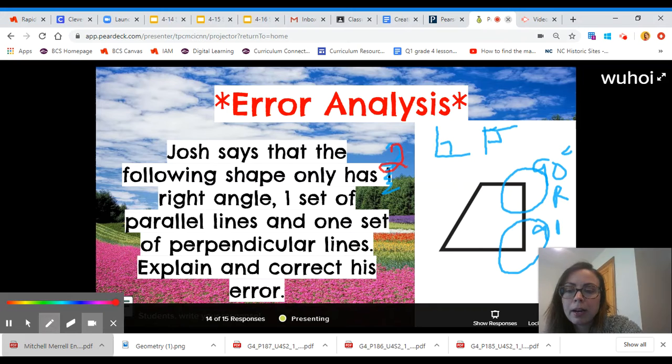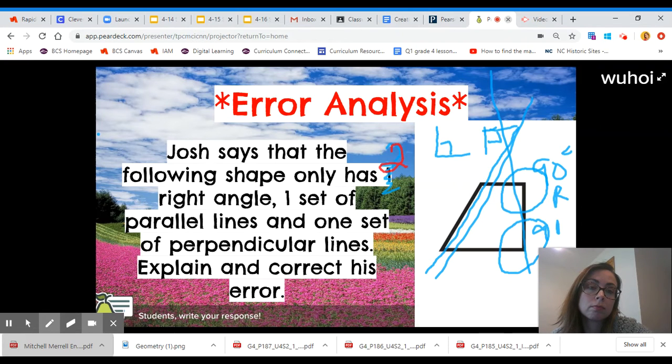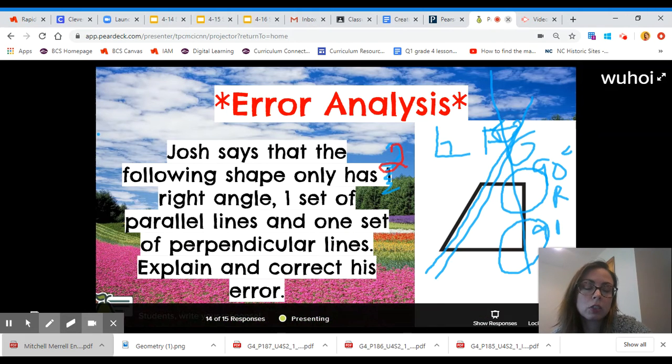One set of parallel lines. So are these lines right here, are those parallel? No. Those are not parallel. Are those perpendicular? No, they have to form a 90-degree angle. This is acute and this is obtuse.